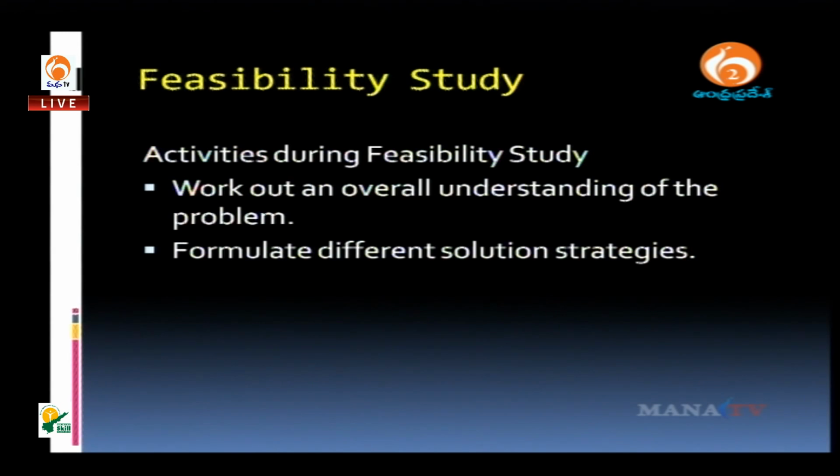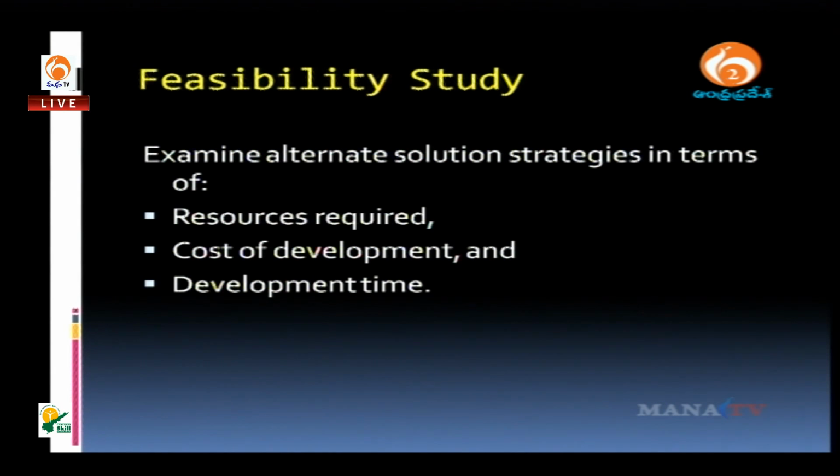What are the activities during the feasibility study? First of all, work out an overall understanding of the problems. Once the problems are identified, we formulate different solutions for those requirements.